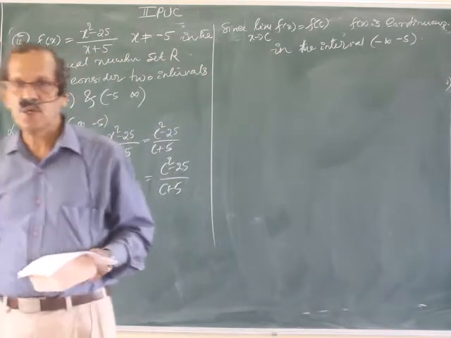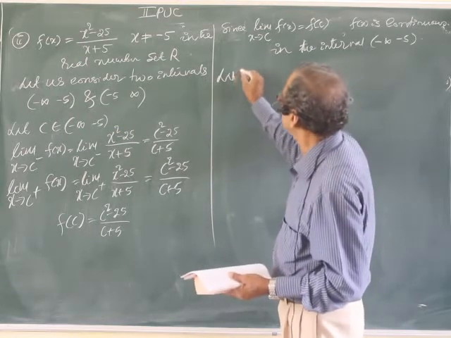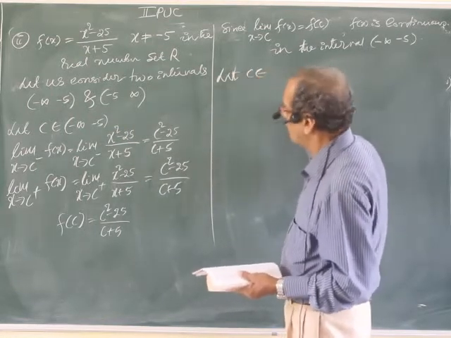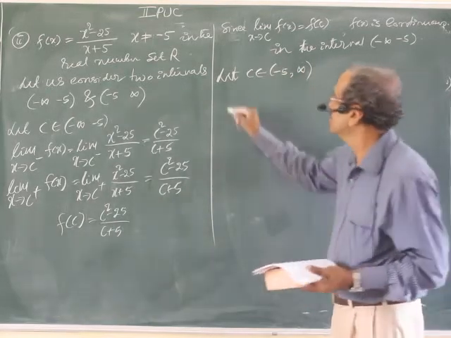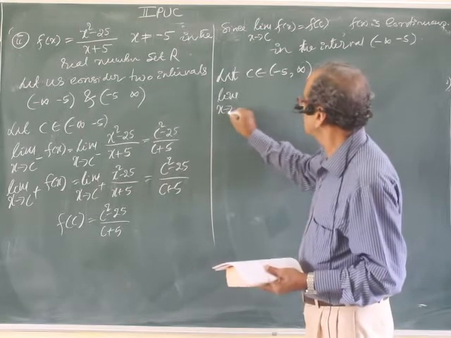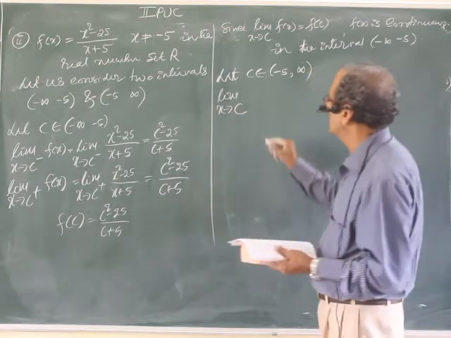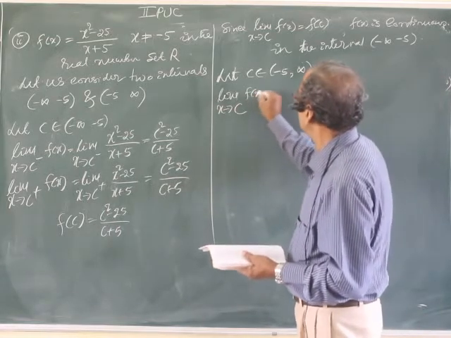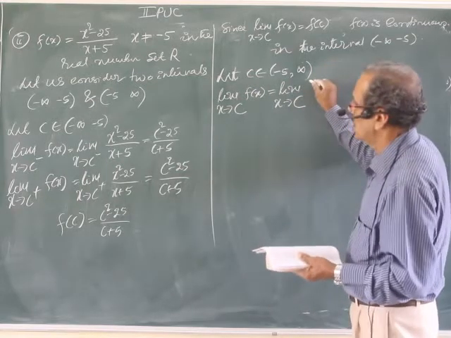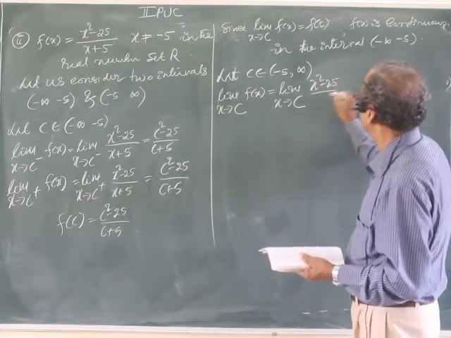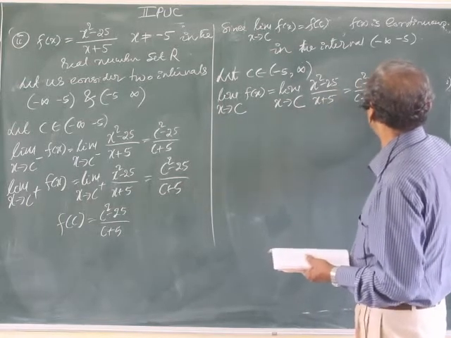First interval is over. Second one is, let C belong to minus 5 up to infinity now. Limit x tending to C, instead of writing C minus and C plus, f of x equal to limit x tending to C, x square minus 25 by x plus 5, C square minus 25 by C plus 5.